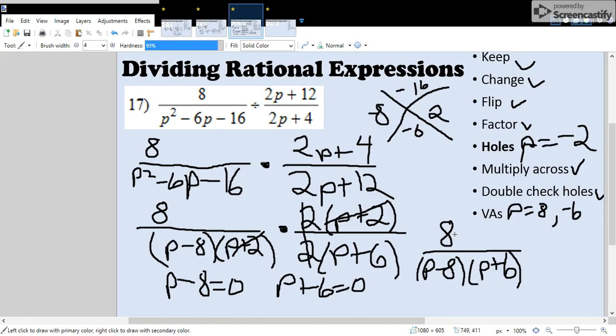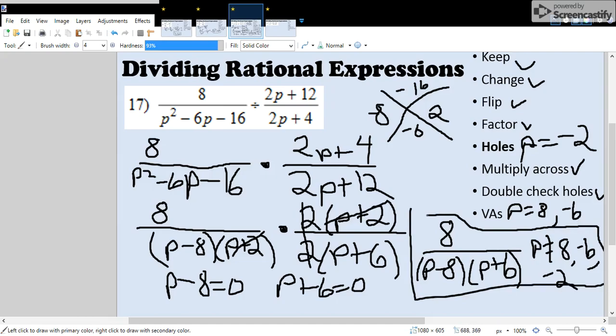So your reduced form is 8 all over p minus 8 times p plus 6, where p cannot equal 8, negative 6, or our hole from earlier, negative 2. And that would be our reduced form. That's our simplified rational expression.